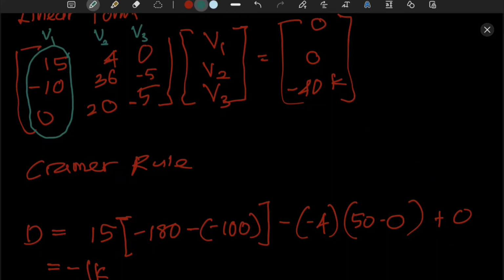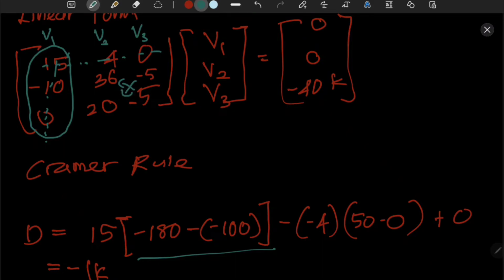To calculate the determinant, we can use this technique: I will draw this line and this line, and from there we know which numbers to multiply. I will multiply 36 with negative 5, and then negative 5 multiplied by 20.